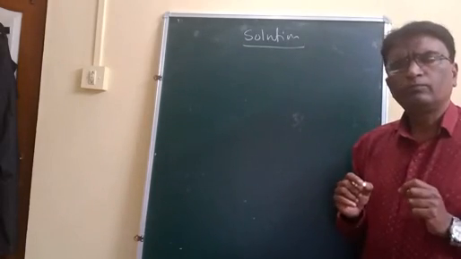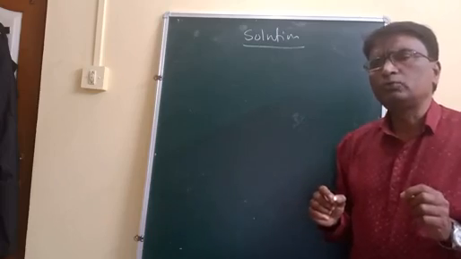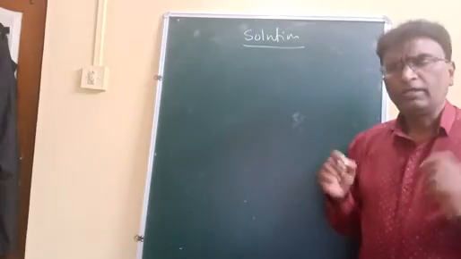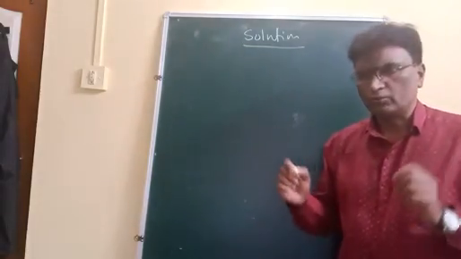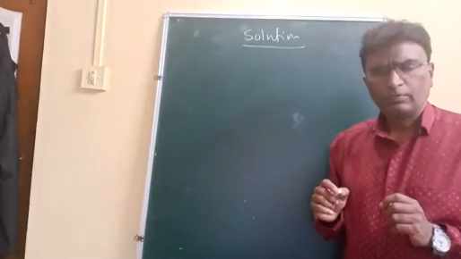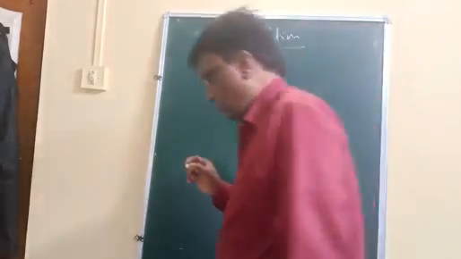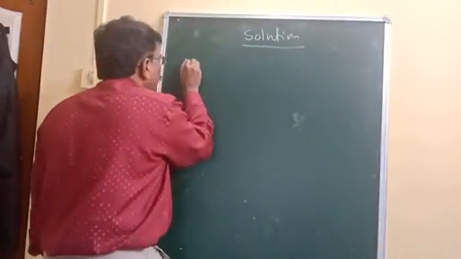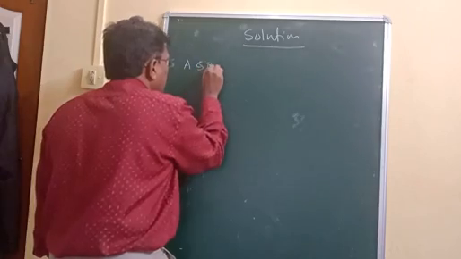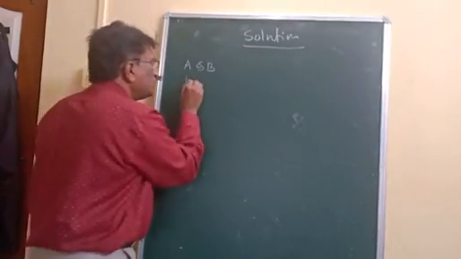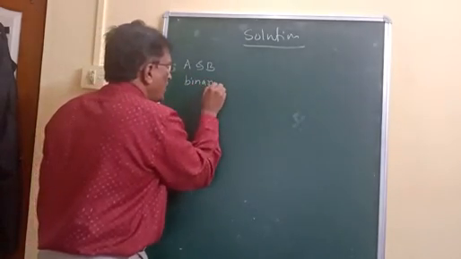Now if a solution is composed of two components, then it is called a binary solution. That means if a solution is composed of two components A and B, then it is called a binary solution.